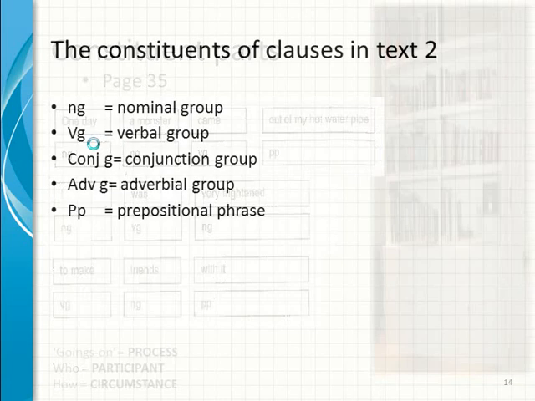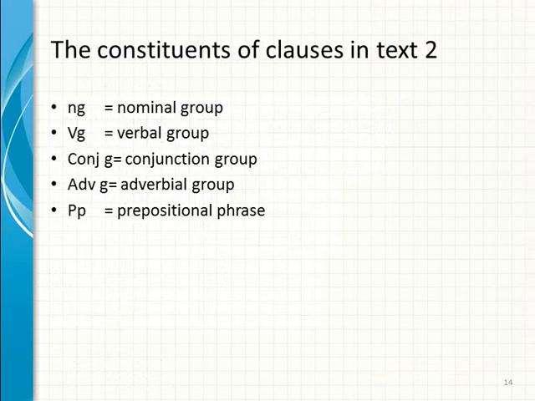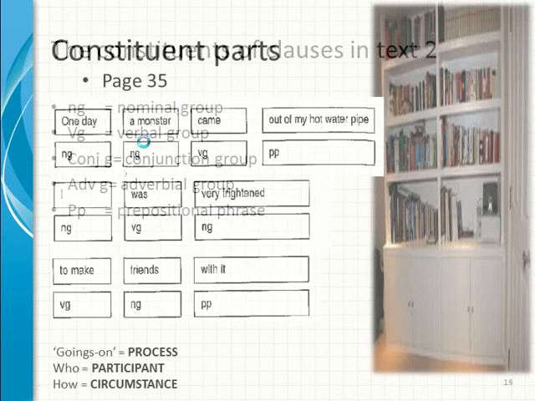So we have to know which part is the nominal group, which part is the verbal group, conjunction, and so on. Remember, not all of these are always found in a clause, but what must be found is the verbal group.